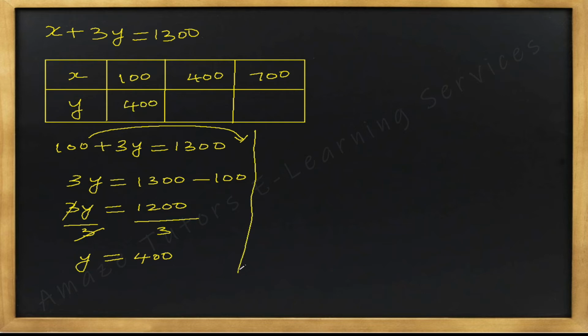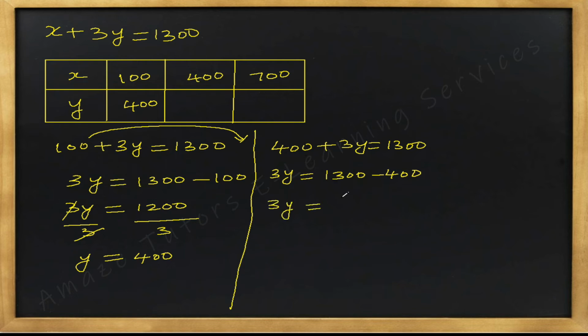Now let's check the next value. x is equal to 400. Substitute that in the equation. 400 plus 3y is equal to 1300. And 400, take it to the other side, which will become minus 400. 3y is equal to 900. Dividing by 3 gives us the y value 300.